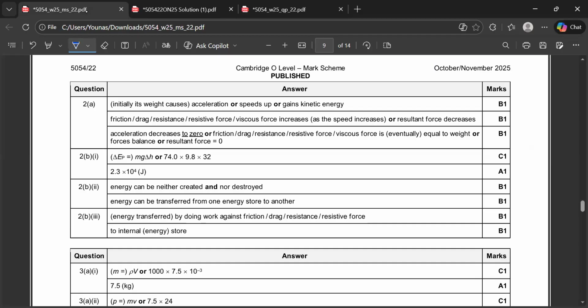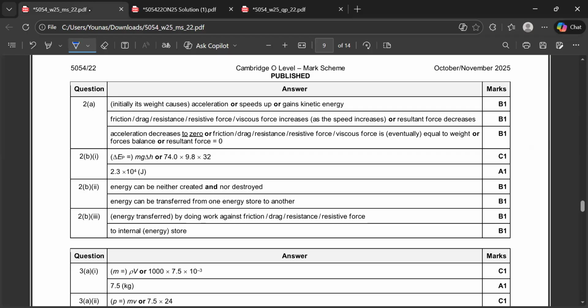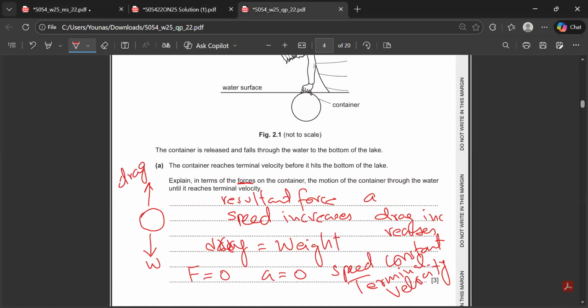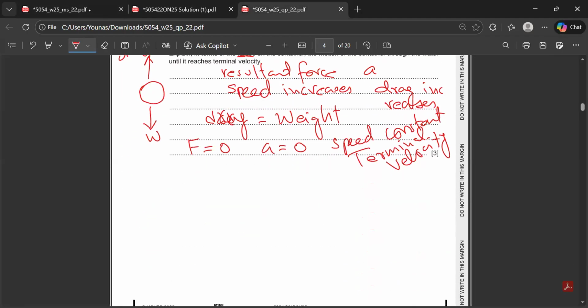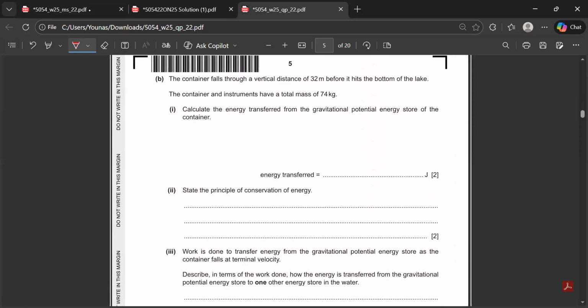Friction, drag, resistive force, viscous force eventually equals the weight, or the force is balanced, or resultant force is zero. So this is the marking scheme for this 3 mark question. This is my answer, this is the marking scheme, and this is my explanation. You can always write a better answer. Write your answer yourself. It's just an idea of what you should write.